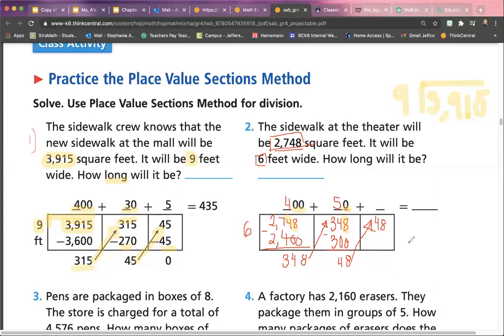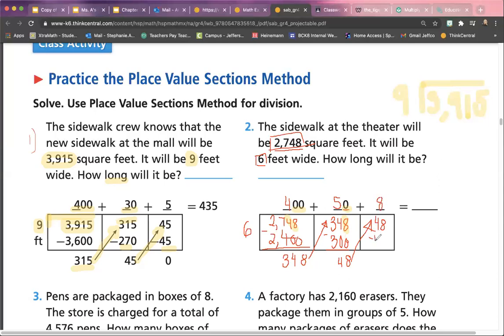Adrian, do you want to finish it for us? 6 times, I think it's 7. No, 42. You could go one more. 6 times 8. 6 times 8 is 48. So watch this, Adrian. 6 times 8 is 48.